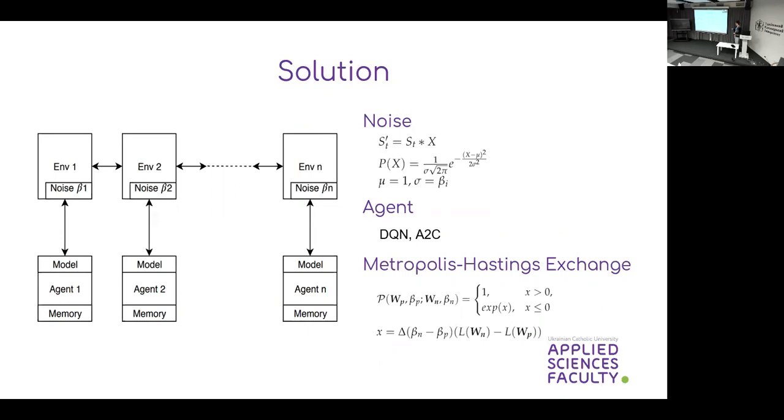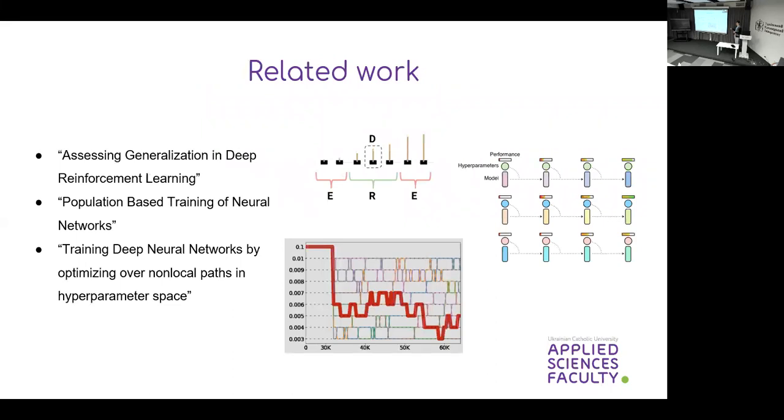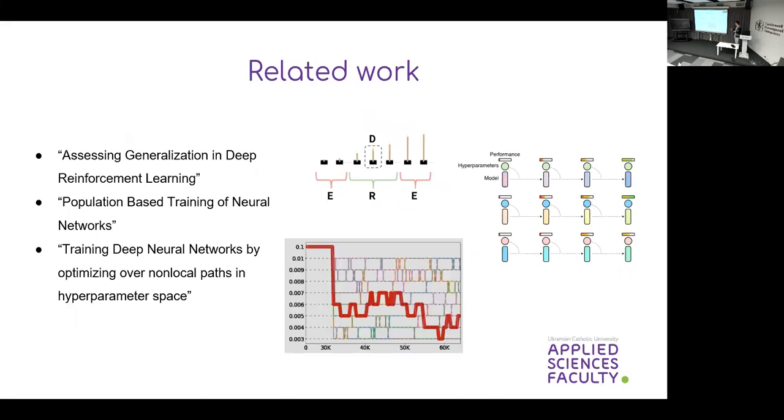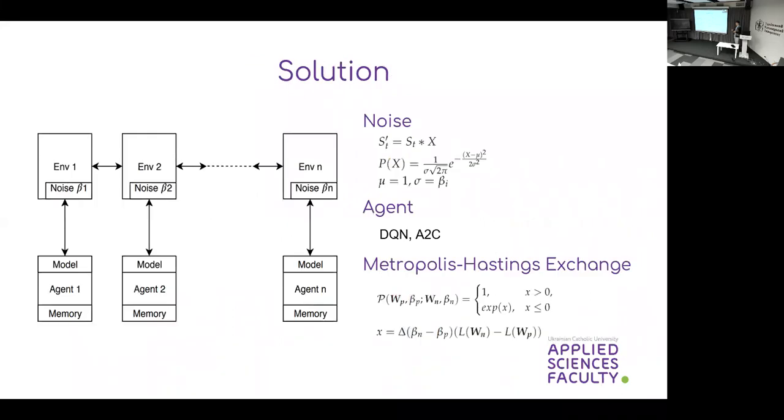Also, could we return to the Metropolis Hastings slide, sorry for interfering? What does this formula specify? The exchange of what? I mean, in the original paper where you took the formula. We based it on the work made in this paper. They also adapted it in their own way.